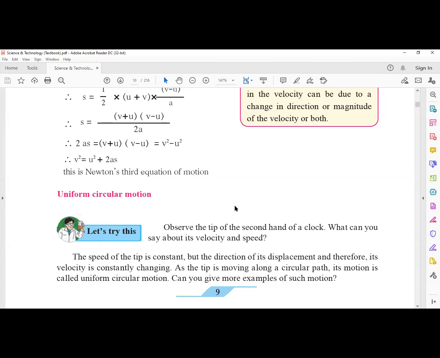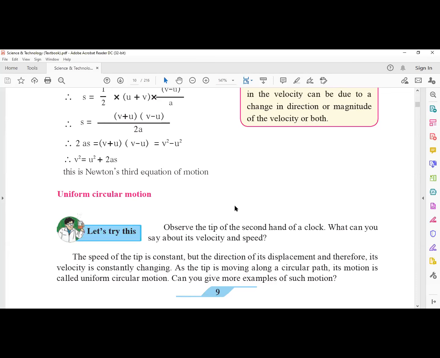So it performs a uniform circular motion. But in circular motion, if you have seen carefully, the direction keeps on changing continuously.